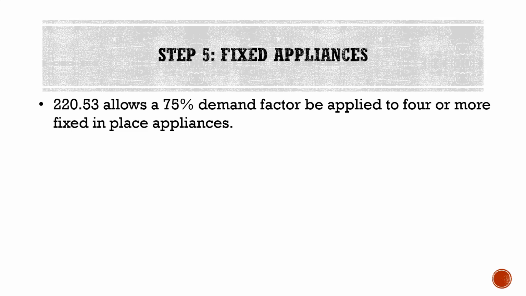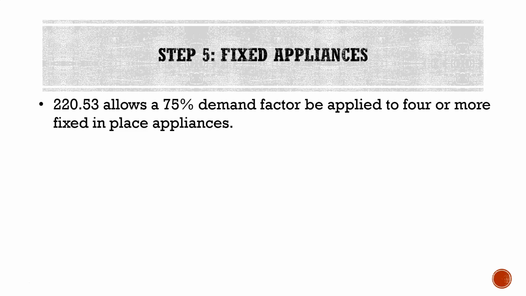If you're given a motor load, such as your disposal in this situation, you may have to go back to table 430.248 or table 430.250 in order to find the FLC of that motor and then use your Ohm's law to get your watt amount.